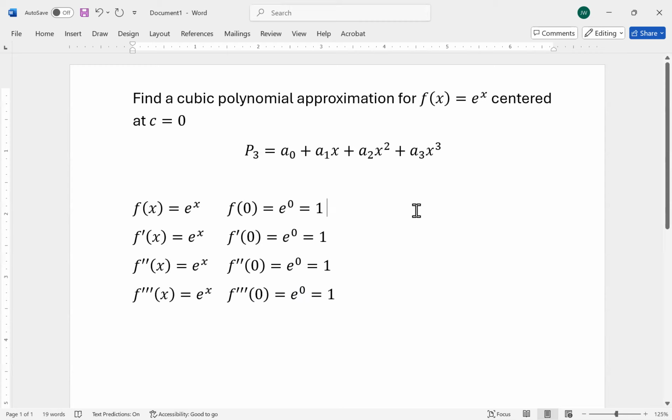Now, at the same time, I am going to realize that my polynomial, think of it as a polynomial function. So my polynomial function, we already have, it's up here.